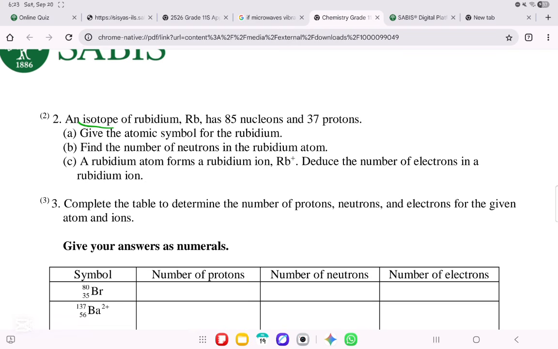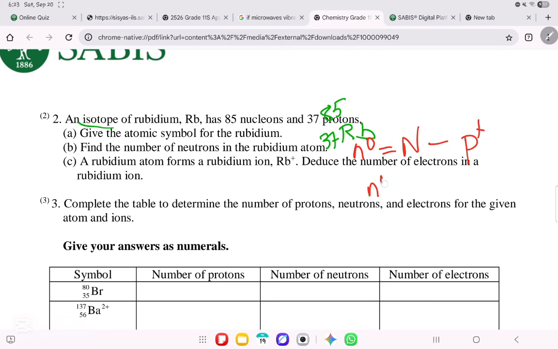So the atomic symbol for rubidium is what? Is Rb, 85, 37. Perfect. What do they want us to find? The number of neutrons. Number of neutrons, let's say it's n, is equal to the number of nucleons minus the number of protons.